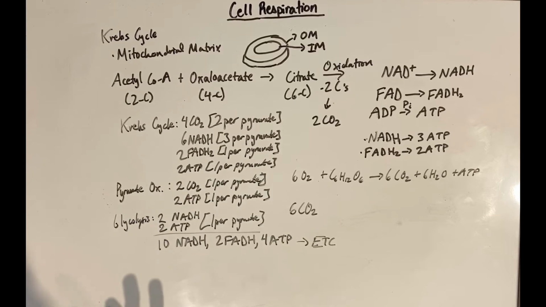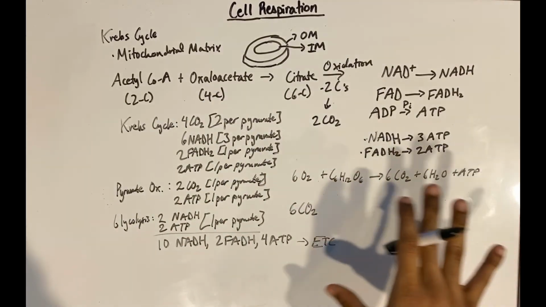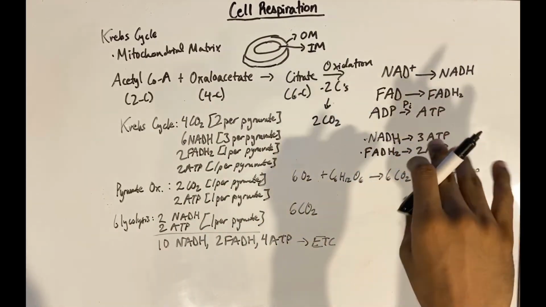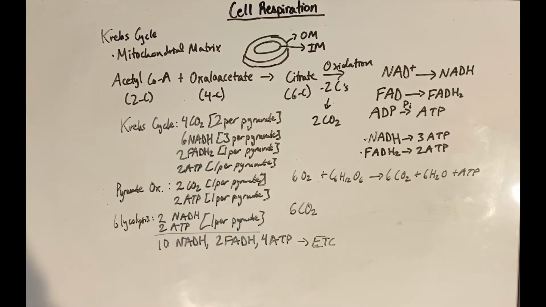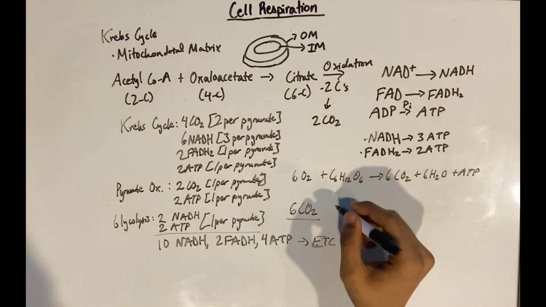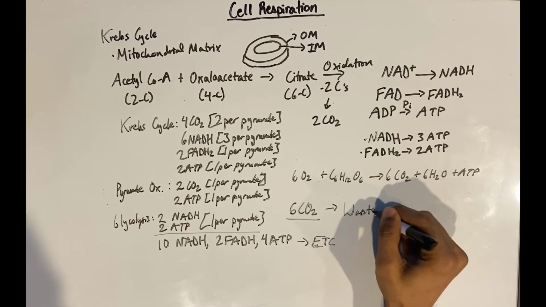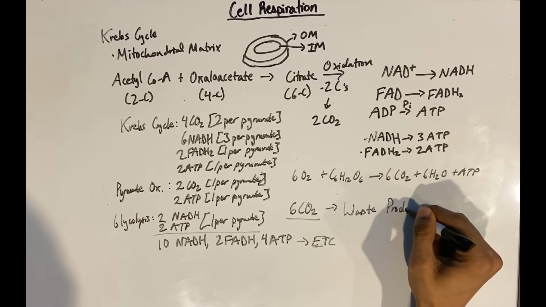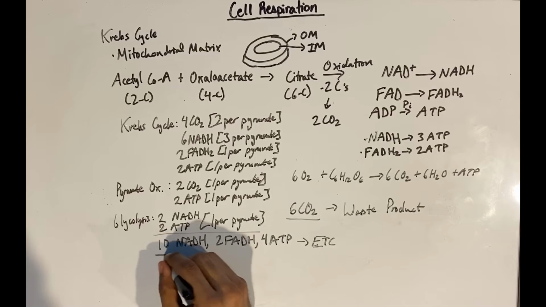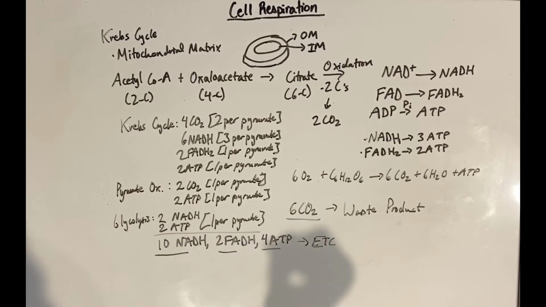So all the carbon dioxide in the whole respiration process comes from the Krebs cycle and pyruvate oxidation. All 6 CO2 will be released as waste product. And the remaining 10 NADH, 2 FADH, and 4 ATP are used in the ETC.